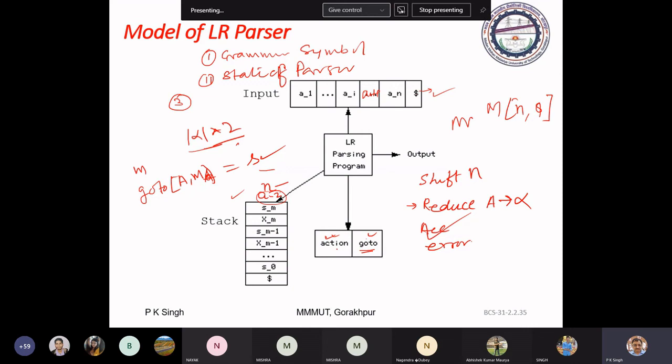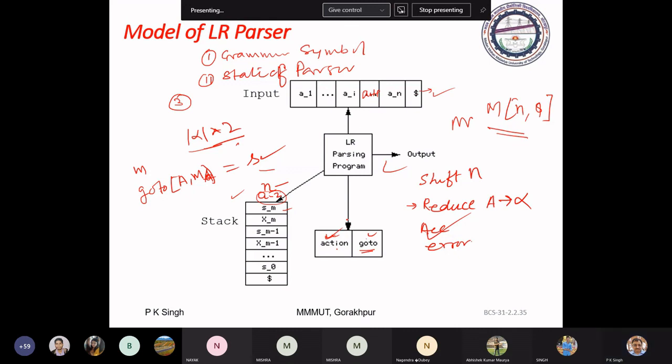And if it tries to refer to any entry in this format and there is no entry either in the action field or in the goto field, then there must be an error, and this error should be handled by the error handler. So this parser has 4 outputs on the basis of the current input symbol and top state, and these actions are defined in the action field.